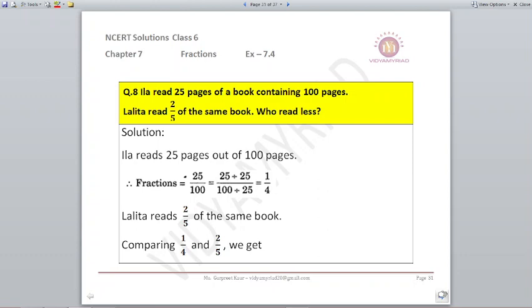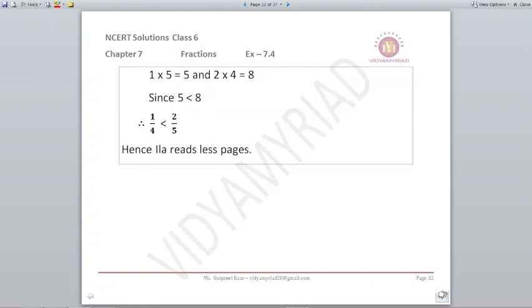Whereas we are told that Lalita reads 2 by 5 of the same book. We need to compare and find out who reads less. So 1 upon 4 and 2 upon 5. Cross multiply, we get 1 into 5 as 5, 2 into 4 is 8. So who is reading more? 2 upon 5 is more fraction and 1 upon 4 is less fraction. So Ila reads less pages.